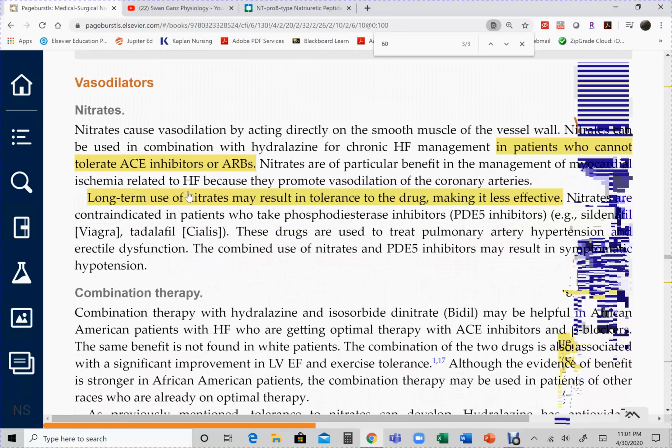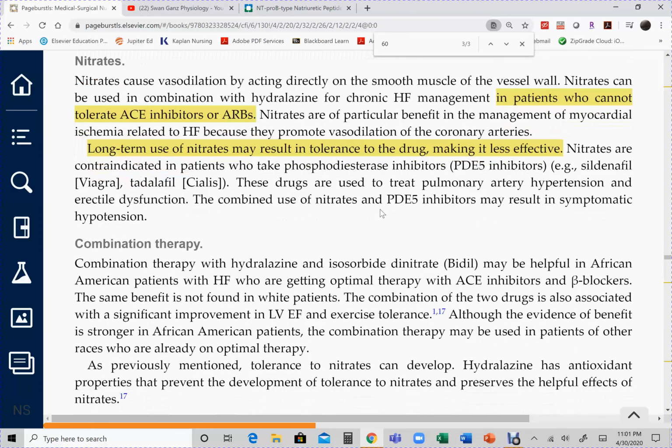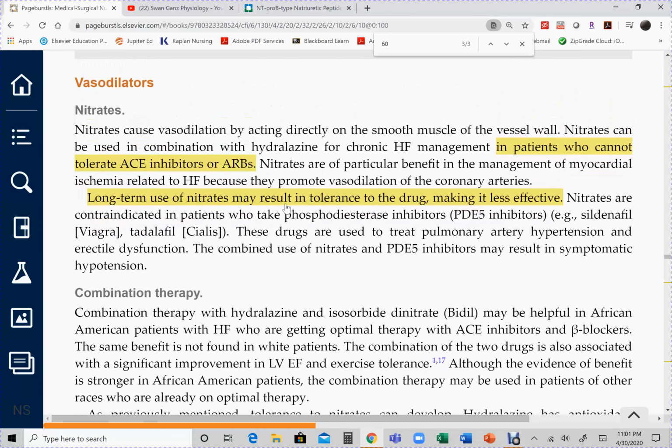Okay, so here are your nitrates. Again, these are prescribed if patients cannot tolerate ACE inhibitors or ARBs. I mentioned this in the acute coronary syndrome chapter. If we're using long-term or long-acting nitrates specifically, the patient develops tolerance to them.